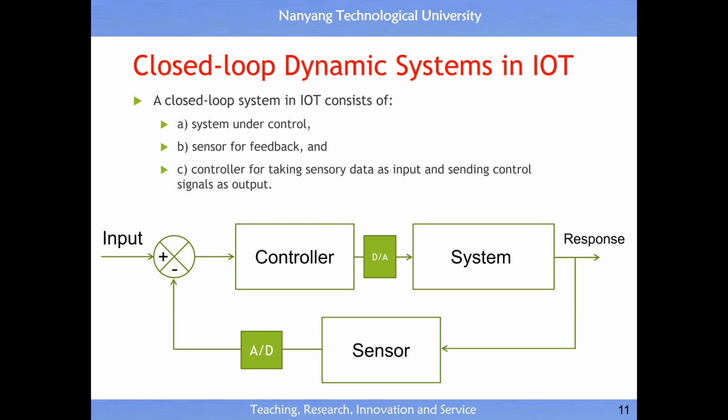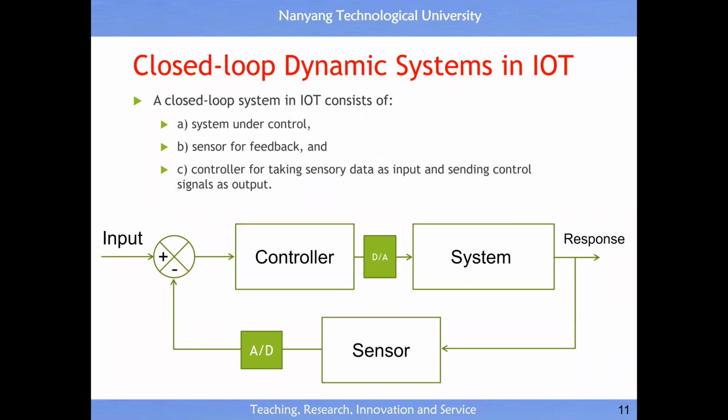So once we close the loop, immediately you know the interface or interconnection, right? First is an interconnection between sensor and the controller. Second one is an interconnection between controller and the system under control, all right? And if the sensor is analog, if the system under control is analog, therefore we need to do the conversion, right?